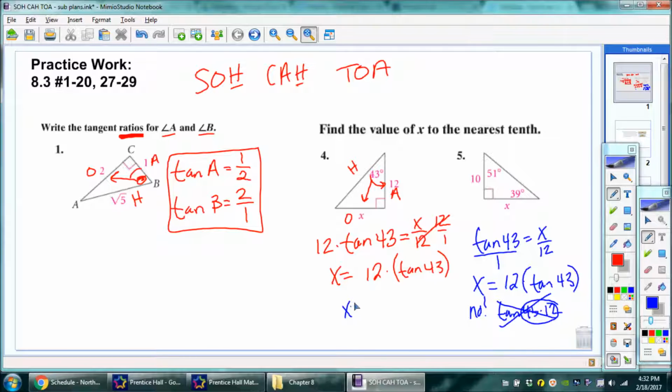But when you do that, you're going to get 11.19018103. It does say round to the nearest tenth, so that's 11.2. So that just means that length opposite of 43 is going to be 11.2.